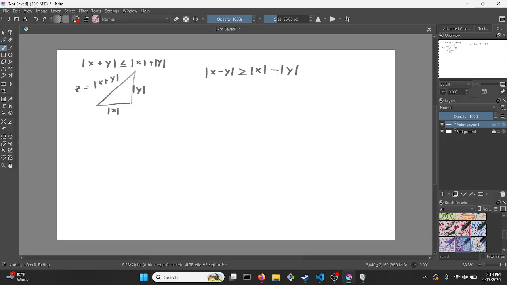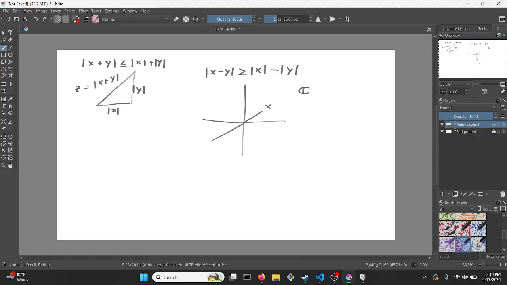Because here you're thinking about distances, really. But here it's more intuitive to think in terms of vectors, because if x and y are vectors on the complex plane, for example, and let's say we have some x here, and then some y, right?